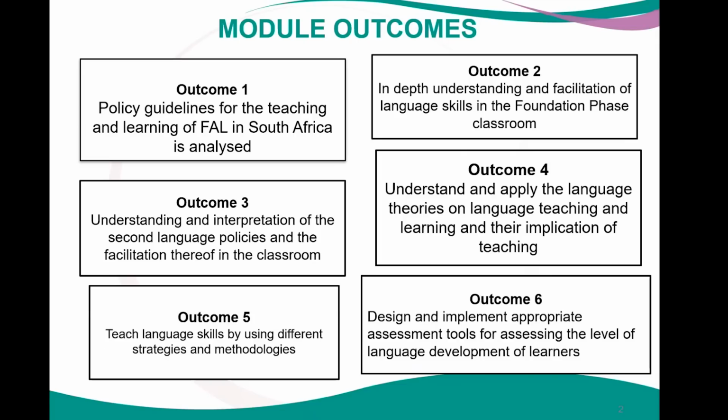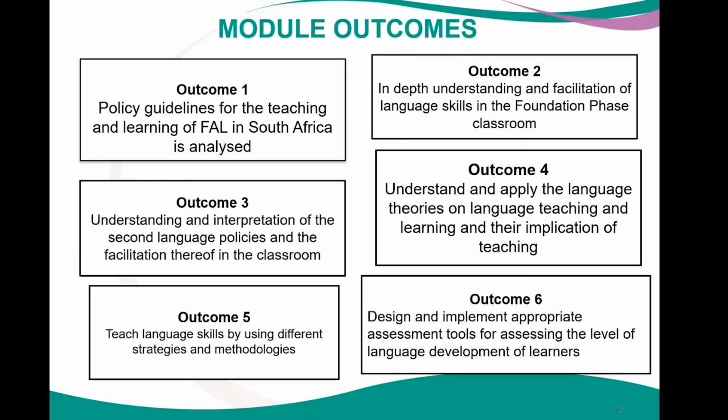Now let's look at this module FLT3701. I know I've been receiving a lot of requests asking, take us through what is the expectation. The expectation is from outcome 1 to outcome 6, which is unit 1 to unit 6. That's what you need to study, because all these units are related and connected.